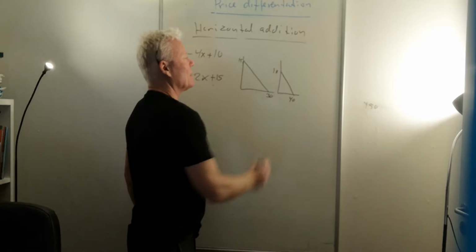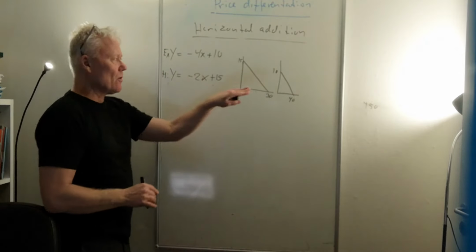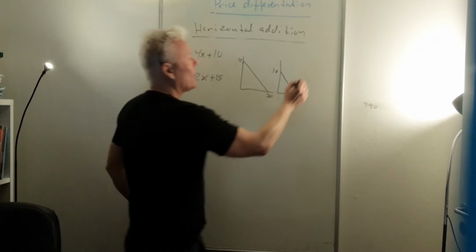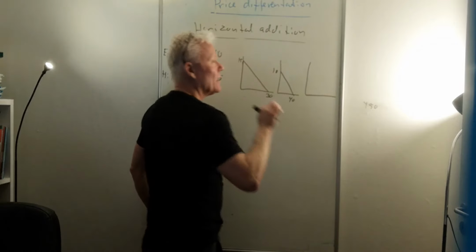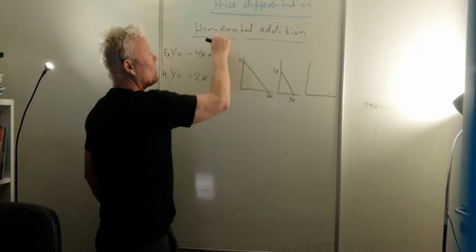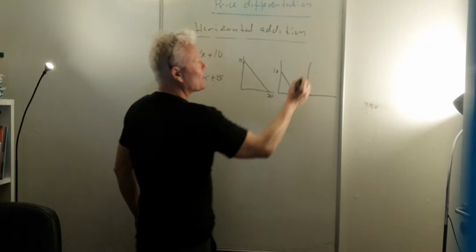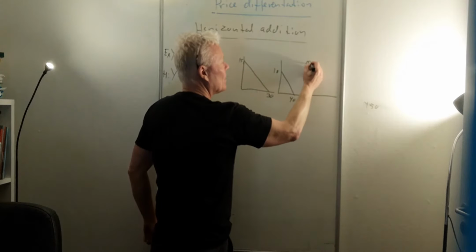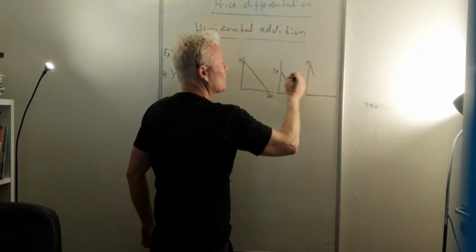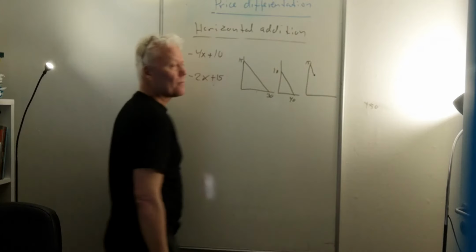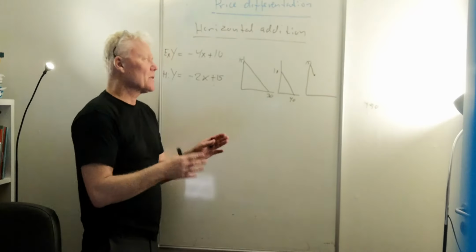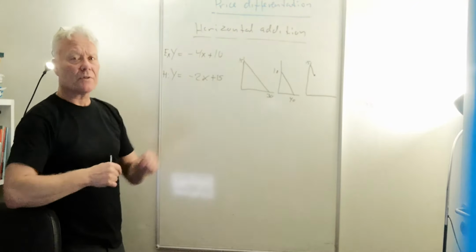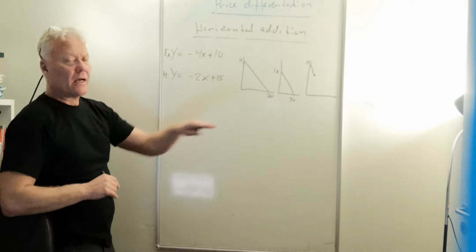If you're going to add these two curves, you have to do it in this direction, which is horizontal. So this one starts alone until we get down to a price of 10, because when you're down at a price of 10, the two curves intersect and you have to add them together.